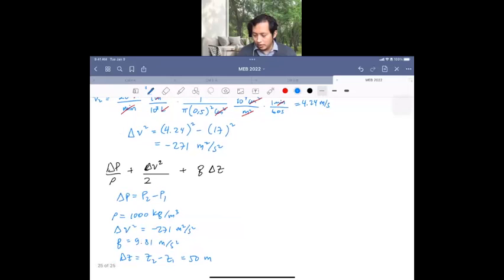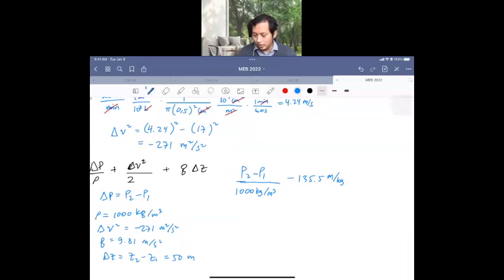So we are going to put P2 minus P1 divided by 1000 kilogram per meter cube, minus 271 divided by 2, which becomes 135.5. And the gravity times z is around 490. This should be equal to 0 because we can neglect the friction loss. Okay.